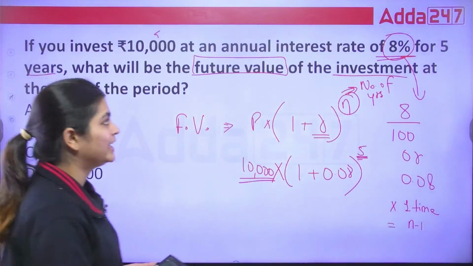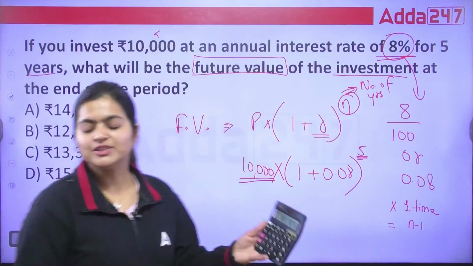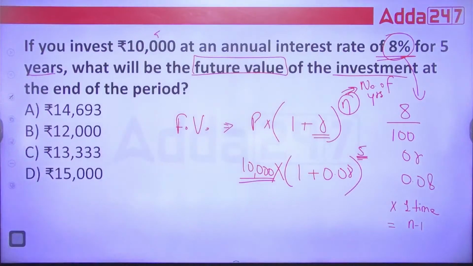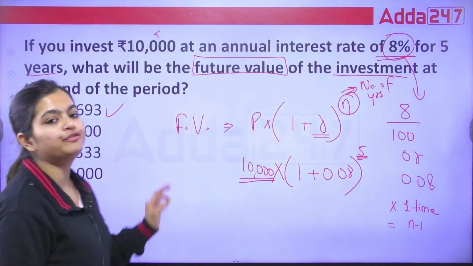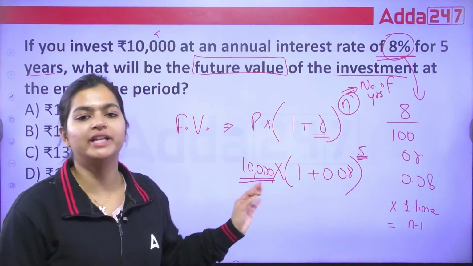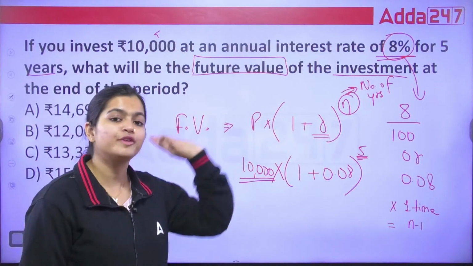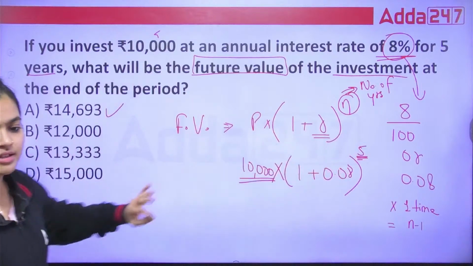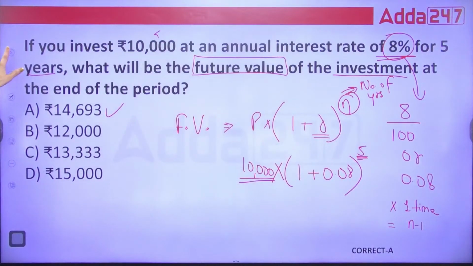Because you are going to get 8% every year, as soon as you calculate this, your answer will be 14,693. This is how we need to calculate the future value. This is not the discounting one. This is the calculation of future values. Let's see the next question.